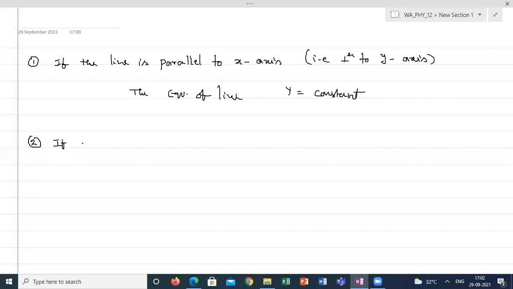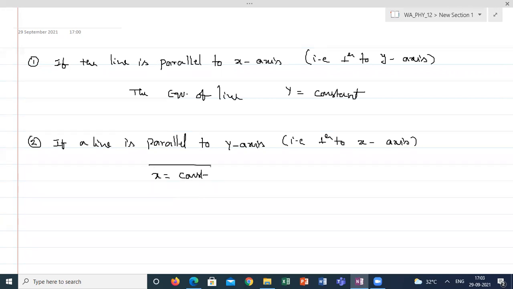If a line is perpendicular to x-axis, or the line is parallel to y-axis, then the equation is in the form of x is equal to constant.